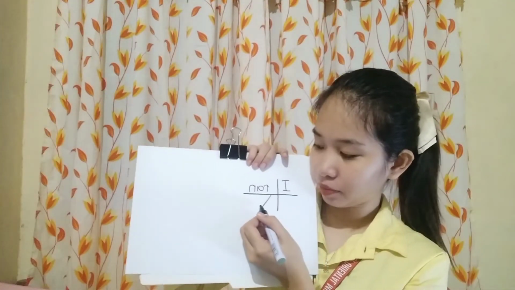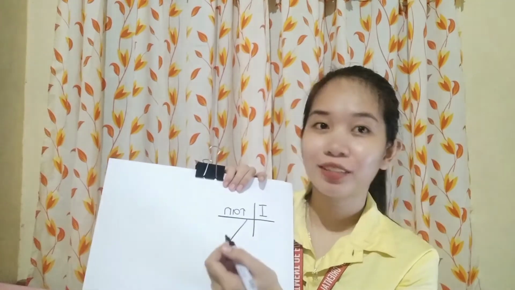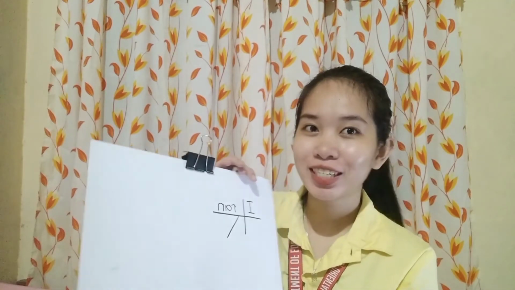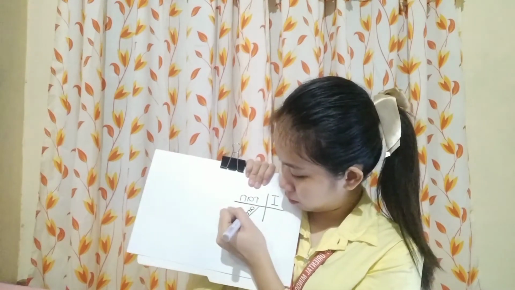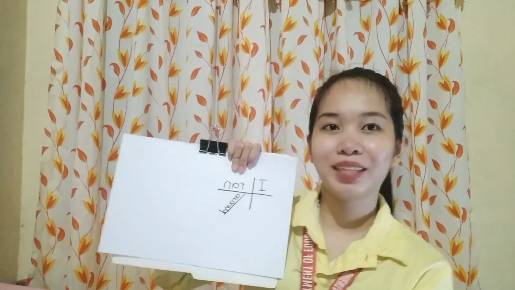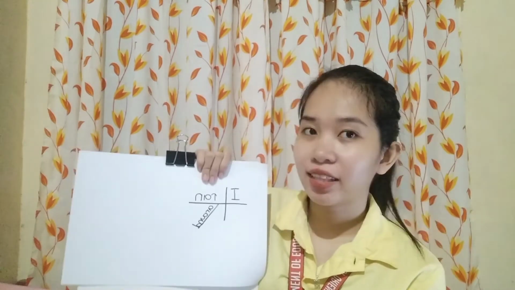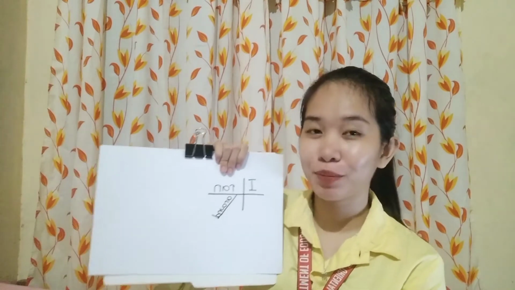And on this slanted line, we will write our preposition. And in the sentence, we will distinguish which one is the object of the preposition.